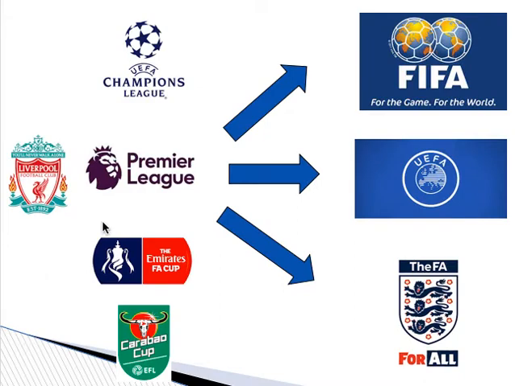Liverpool won the European Champions League last year. It's currently dominating in the English Premier League, right? So how many different kinds of competitions does Liverpool have to compete in over the entire season? If you're familiar with European soccer, you know they compete in a lot of different competitions. They're competing in the European Champions League, the English Premier League, the FA Cup, and also the League Cup.